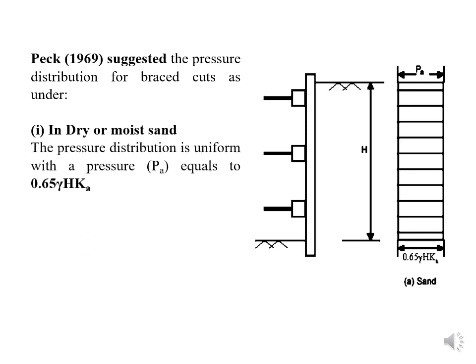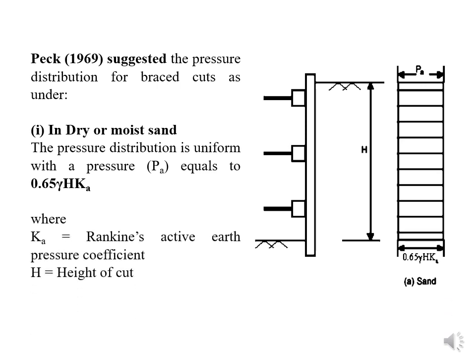The pressure distribution is uniform with a pressure, active earth pressure, which is equal to 0.65 gamma H KA. At the bottom you can see gamma is the density of soil or unit weight of soil, H is the height of excavated area or the height of cut.